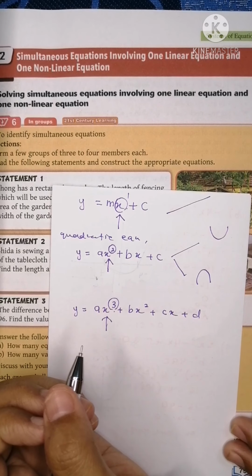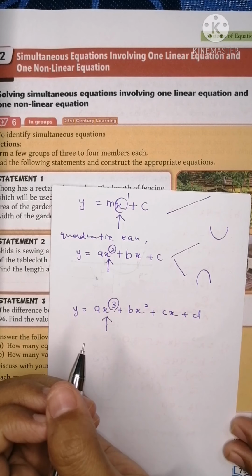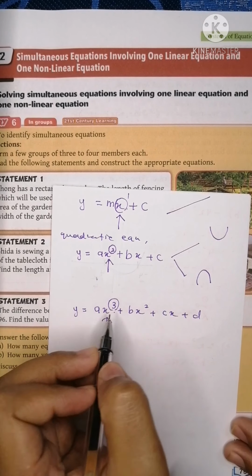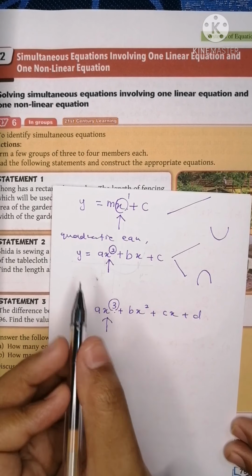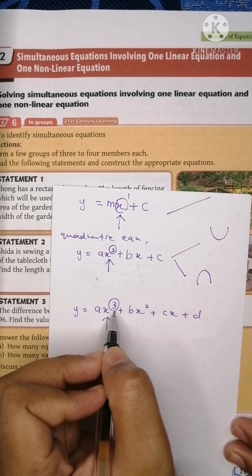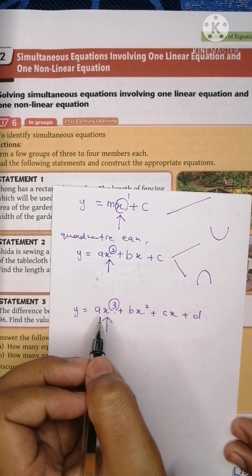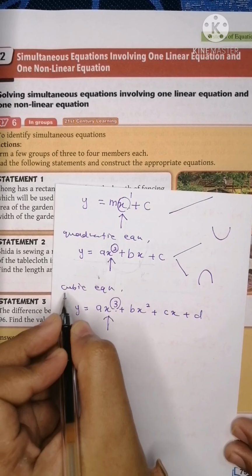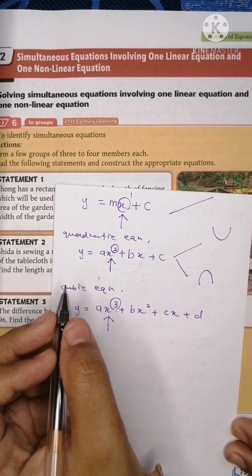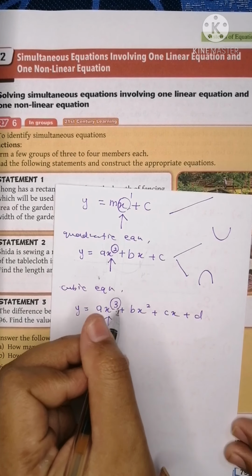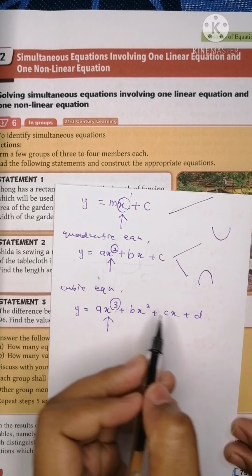Recalling your previous lesson in Form 2, if I'm not mistaken, you already learned that when the unknown x has the highest power of 3, we consider it a cubic equation. Remember, cube means to the power of 3.